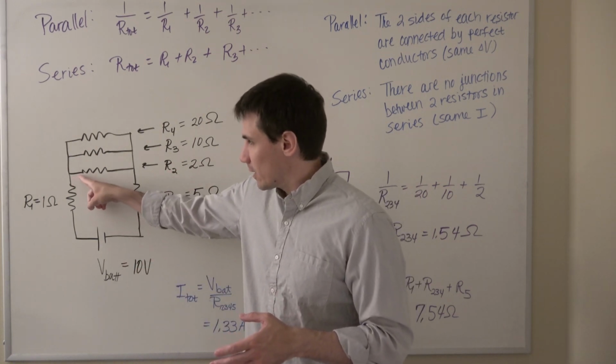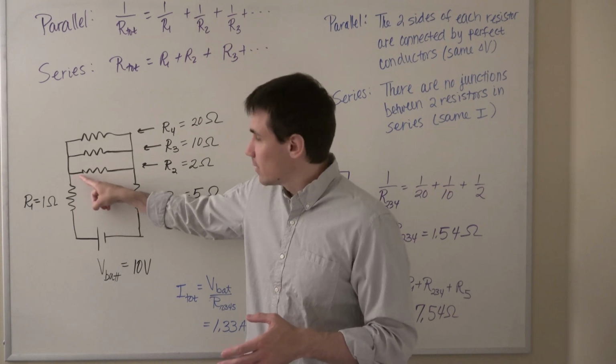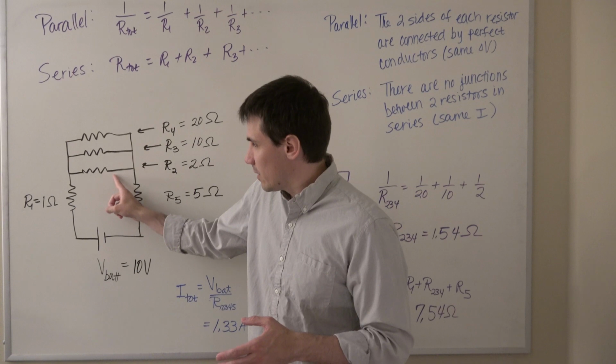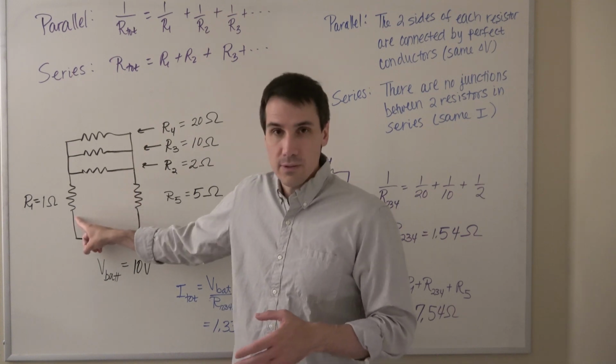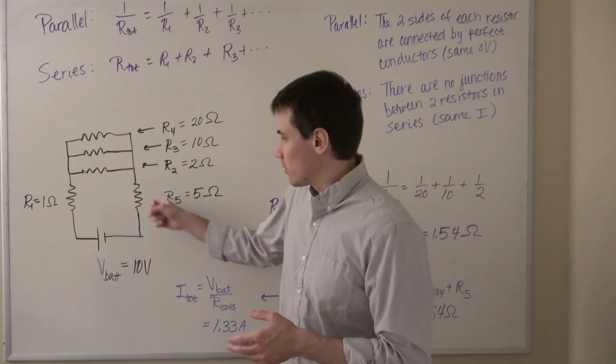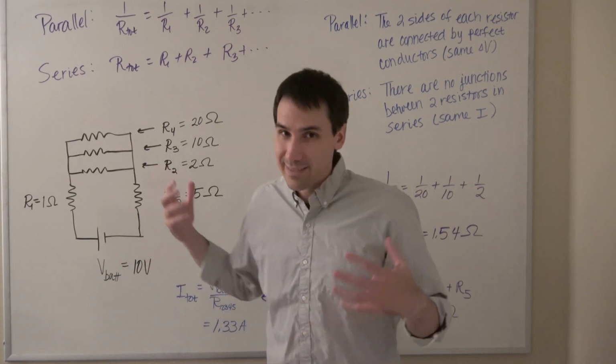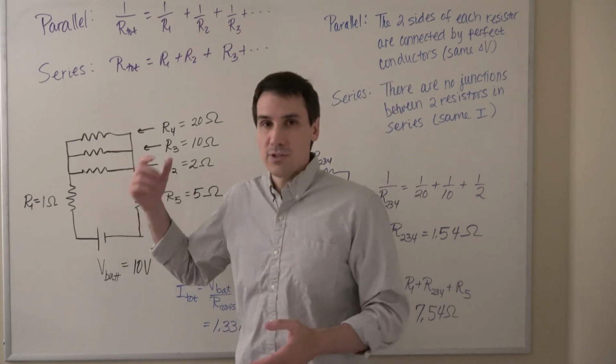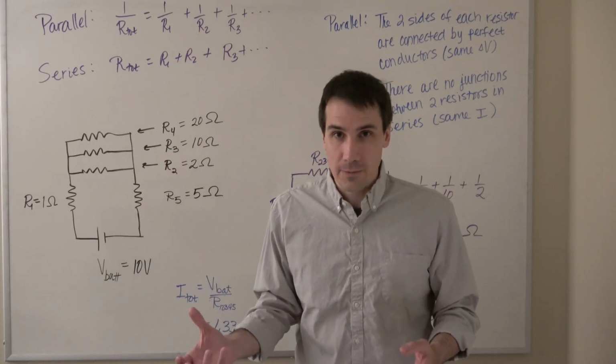They are connected by a conductor on this side, but on the other side, in order to get from here to here from the other side of the resistor, we need to go through a resistor and a battery, not simply connected by a perfect conductor. So these two resistors are clearly not in parallel, right?